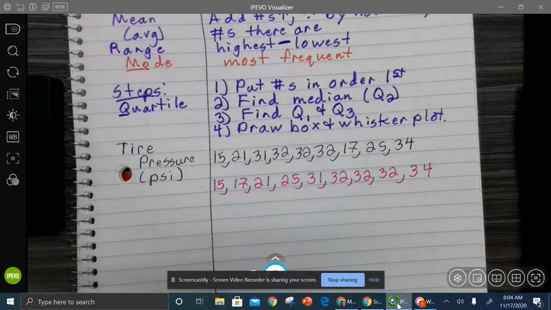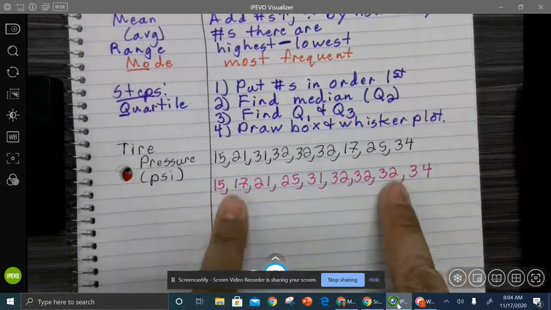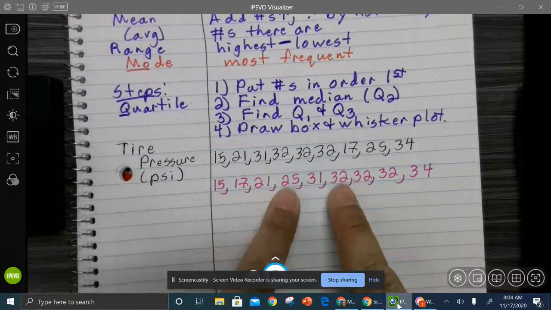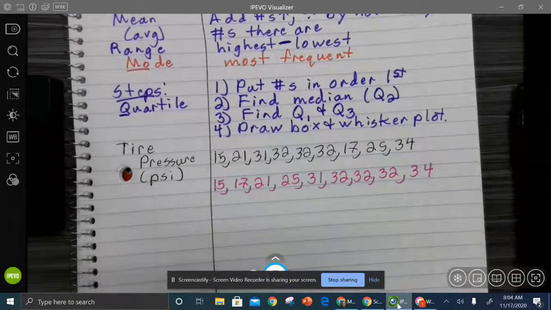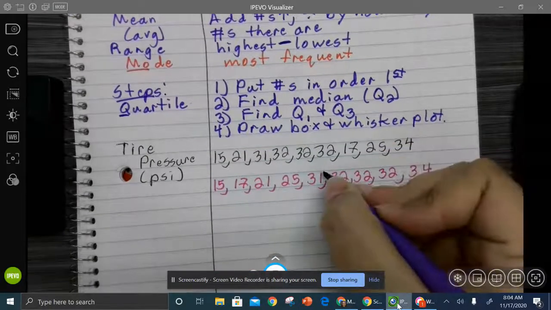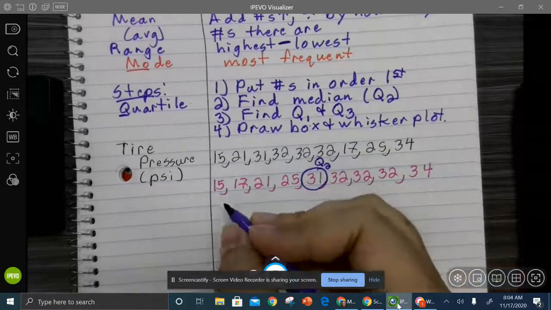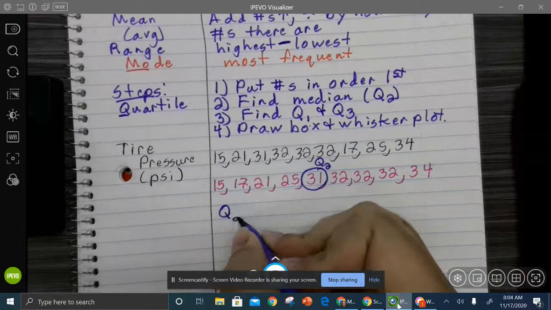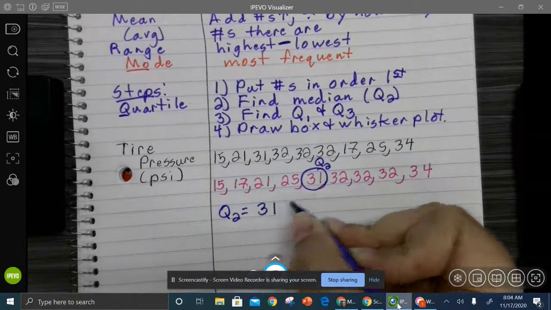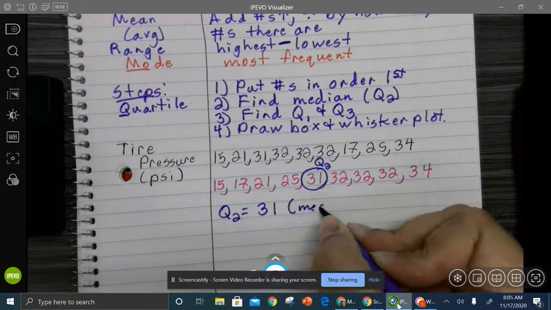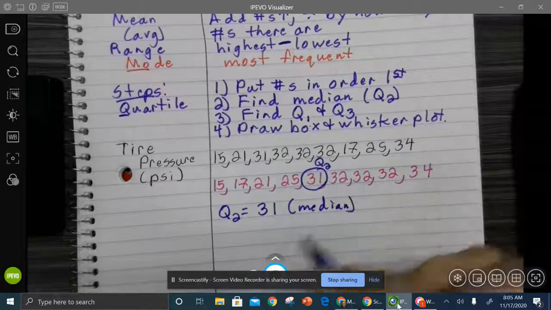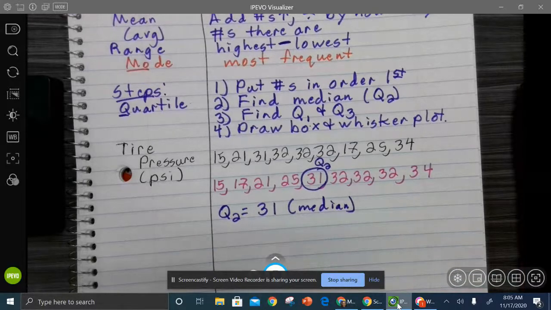So for the middle number, everybody, you can count in like this. This is quartile 2. Remember, that's the median, the middle. Then we have the other quartiles.